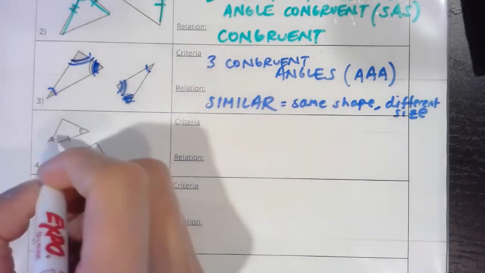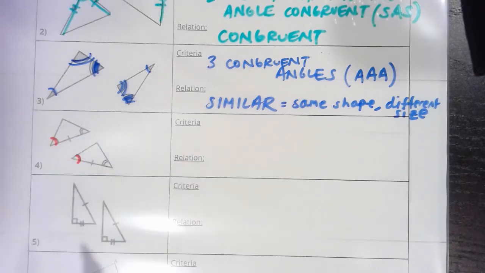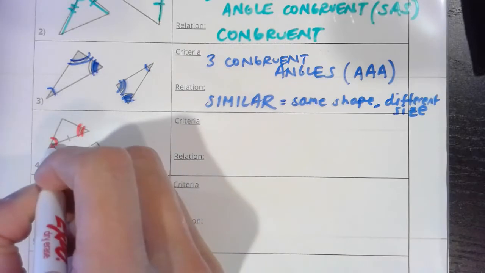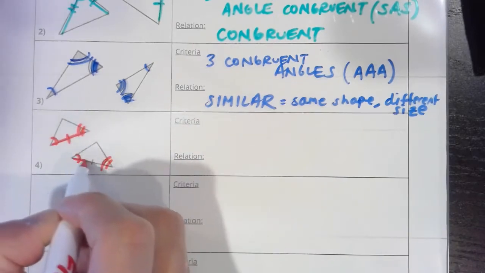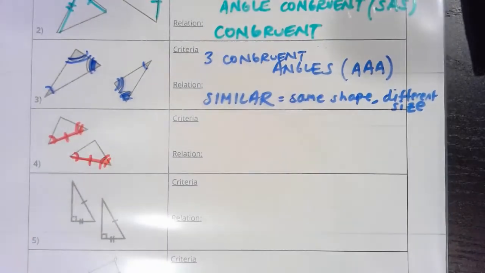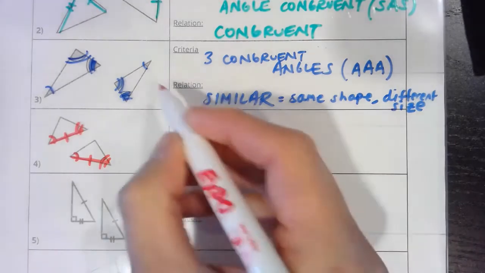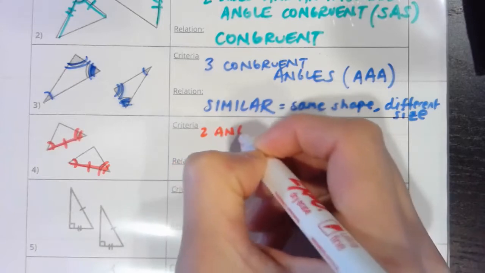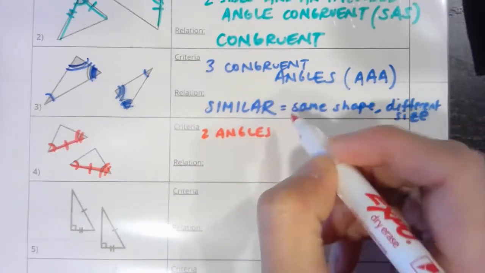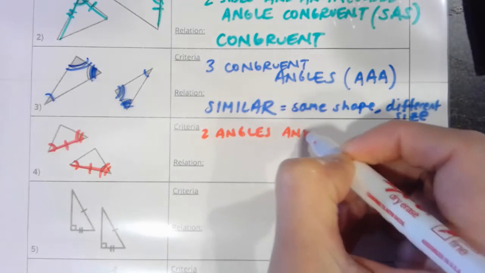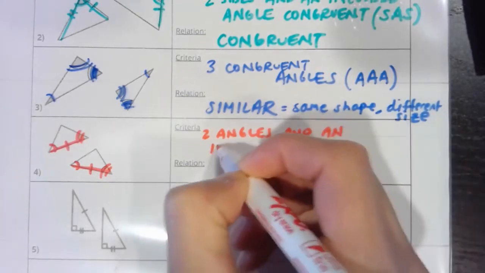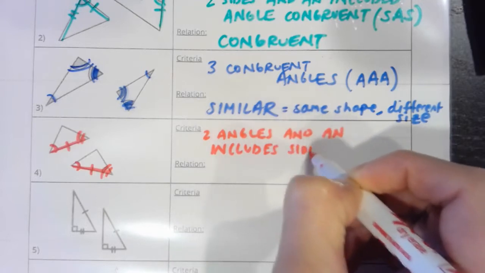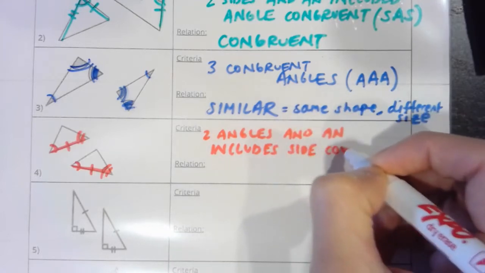These 2 triangles have these sets of congruent angles, and then this side that's in between the 2 angles. So we will say that these 2 triangles share 2 angles and an included side as congruent.